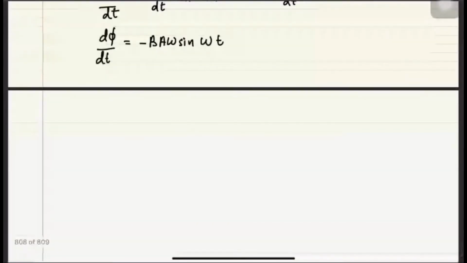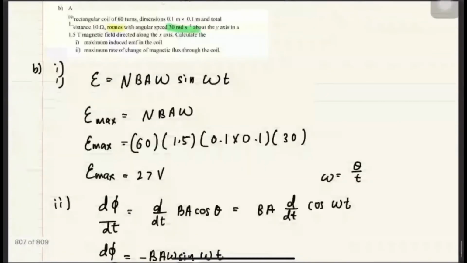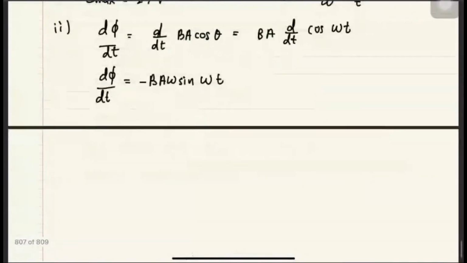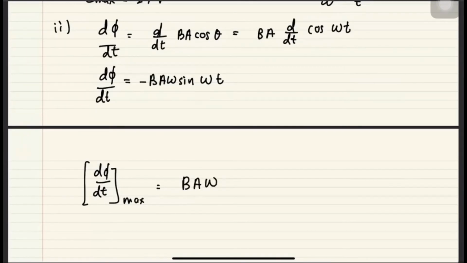Okay, so soalan nak maximum rate of change of flux. So dΦ/dt ni dia akan jadi maksimum again kalau yang sin omega t tu sama dengan 1. Okay. So negatif tu saya ignore untuk this one.